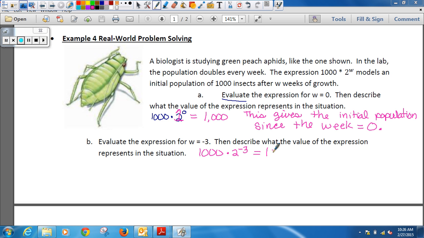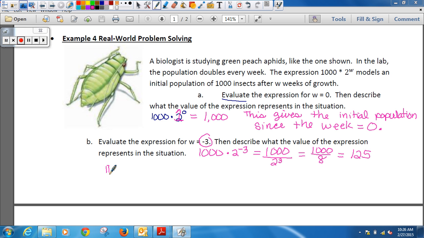If I do that, I have 1,000. That negative sign is telling me it's in the wrong position. So I move it, lose it. 2 to the 3rd is 8. 1,000 over 8 is 125. Then describe what the value of the expression represents in the situation. Remember, W is weeks. If it's a negative 3, that's telling me 3 weeks from where we started.